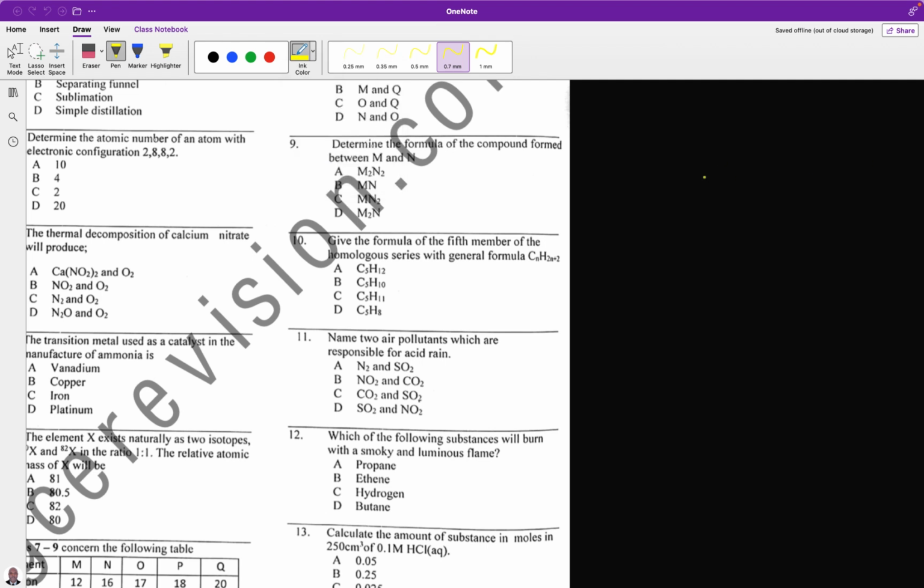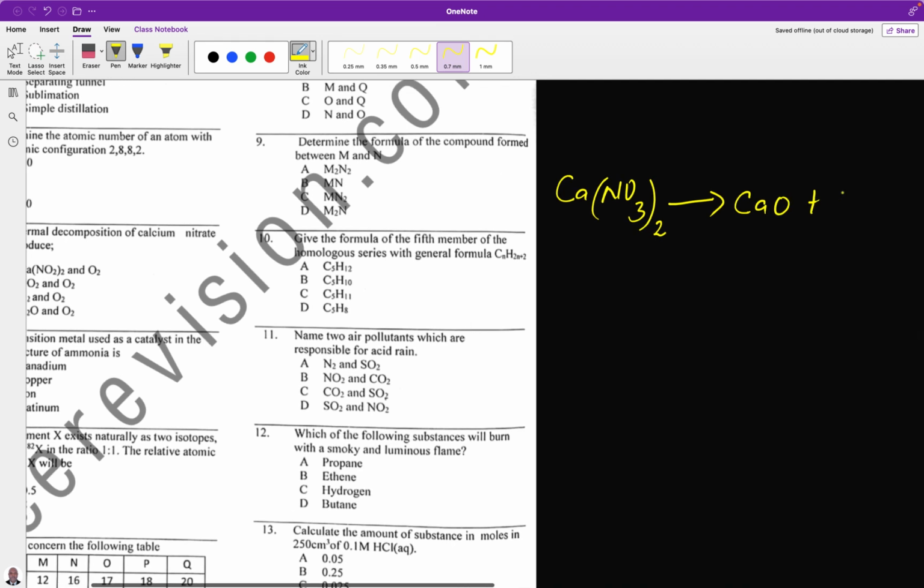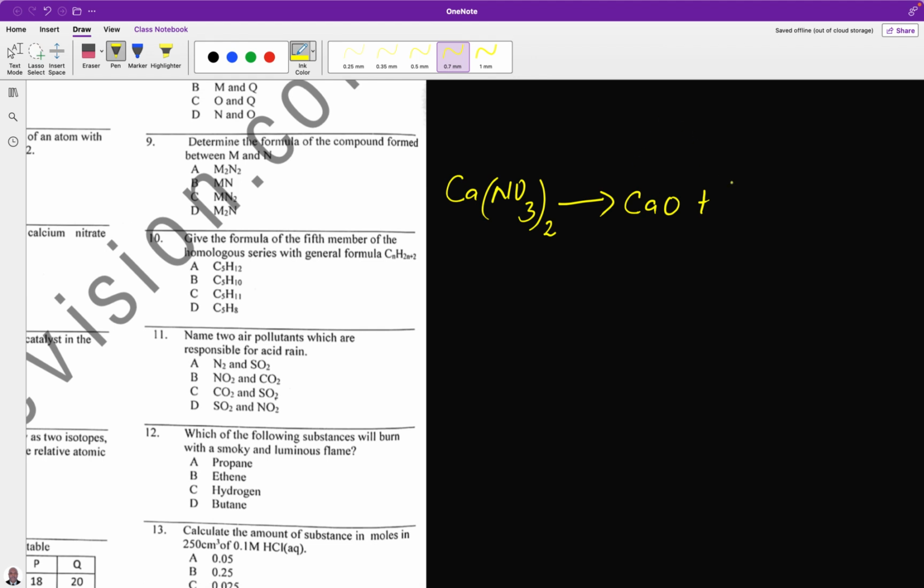The thermal decomposition of calcium nitrate gives calcium oxide plus nitrogen dioxide plus oxygen.